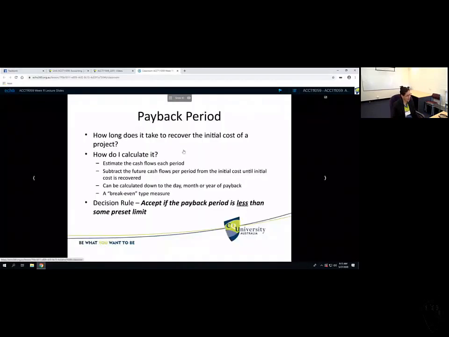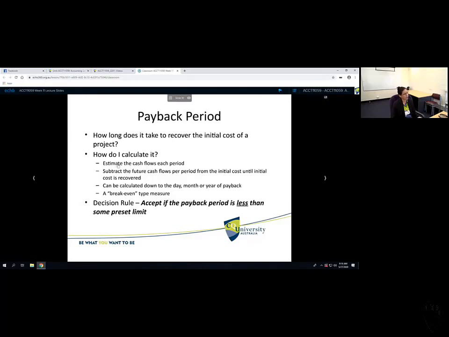So payback period, it's probably the easiest concept to think about because you literally just have to say, how long will it be until I get paid back for my initial investment? Okay, so generally you want a shorter payback period. People like to get paid back sooner rather than later. So the sooner you get paid back, the less risk you are taking on with the investment. Okay, so the shorter the better with this technique.